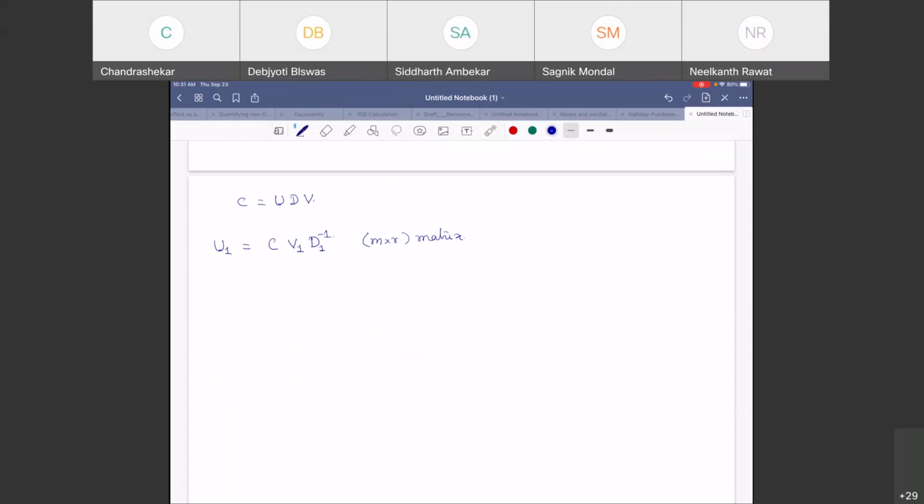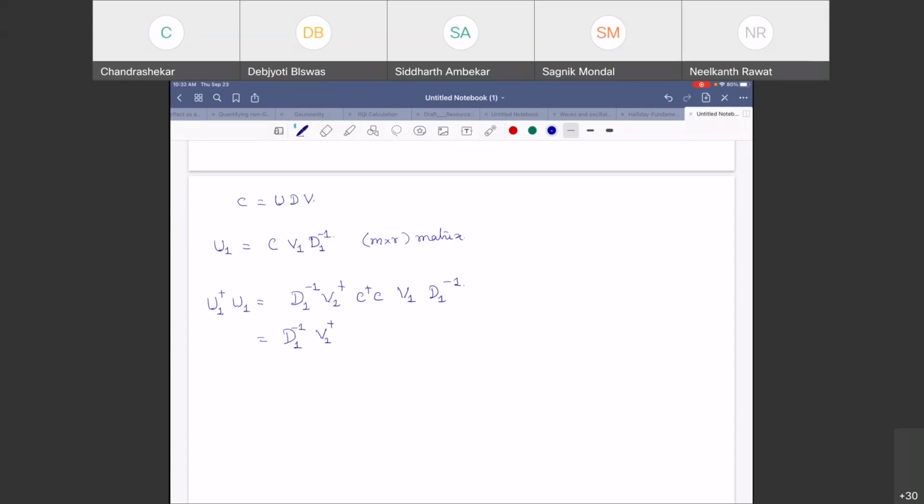So we can actually do U1 dagger U1 and write this. That will be D1 inverse, V1 dagger, V dagger C, and V1 again D1 inverse.